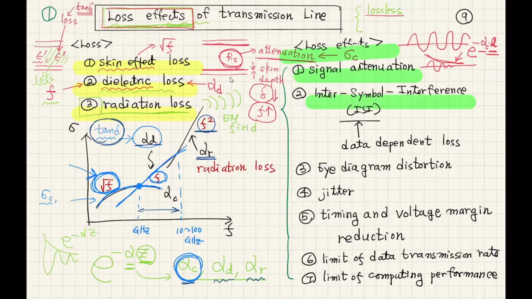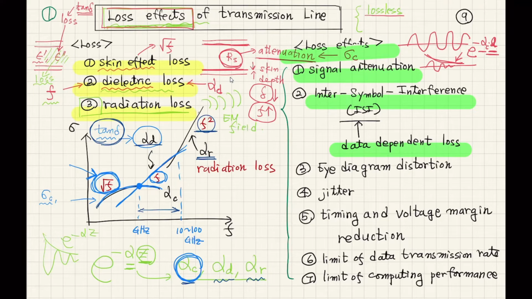Later on, I will tell you that your voltage and timing at the receiver side will be very dependent on the data pattern. Because of this high frequency loss, the previous data bit pattern will affect the current voltage and timing margin at the receiver side. So depending on your data pattern, you're gonna have different margins of voltage and timing. That is being called intersymbol interference.